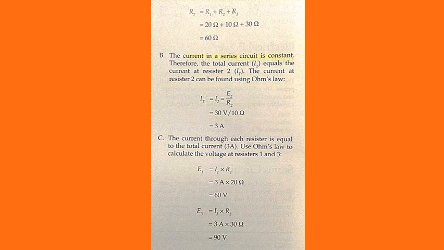Continuing on to step C, the current through each resistor is equal to the total current, or 3 amps. Use Ohm's law to calculate the voltage at resistors 1 and 3, which, following the formula, gives you 60 volts for E1 and 90 volts for E3.